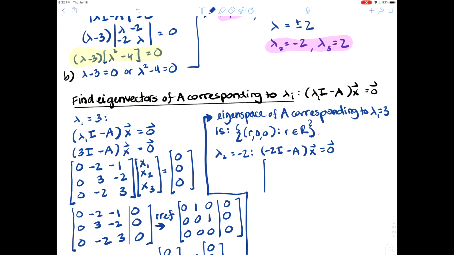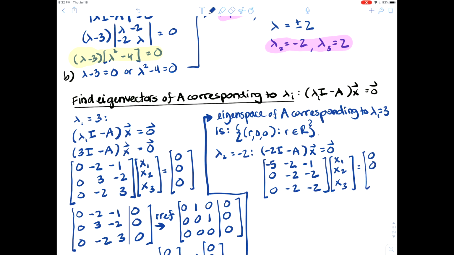So we will have negative 5, negative 2, negative 1, 0, negative 2, negative 2, and 0, negative 2, negative 2 times our x vector, which is x1, x2, and x3, equals the 0 vector.